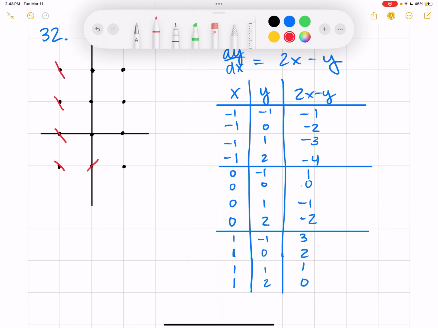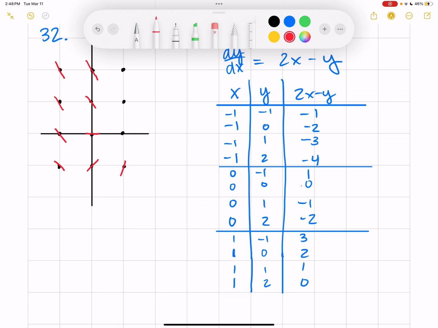0, 0 is a slope of 0. 0, 1 is a slope of -1. And 0, 2 is a slope of -2. All of those I was aiming at 1, 0. At 1, -1, I'm at 3.